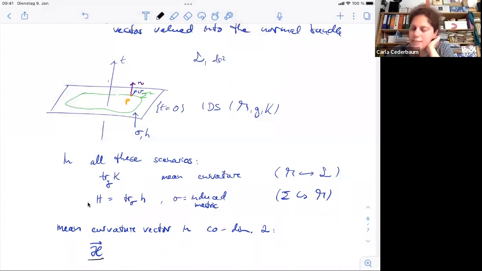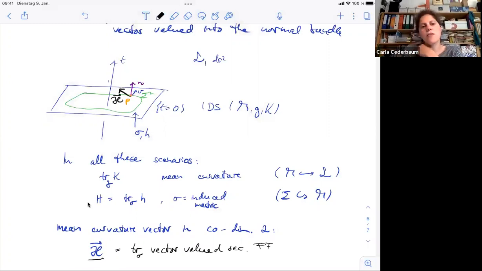H is some vector also in this normal bundle, arising as the trace of the vector valued second fundamental form, to which I didn't give a name, traced over the 2-dimensional surface. Okay? So with respect to this induced metric sigma, and this H will look something like this.